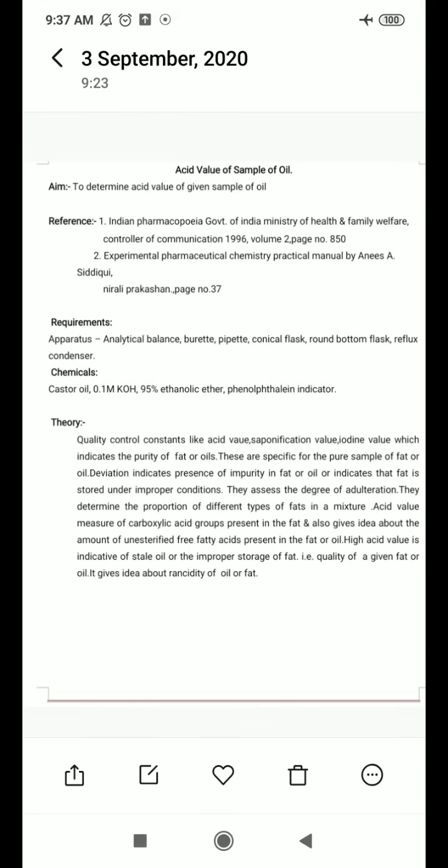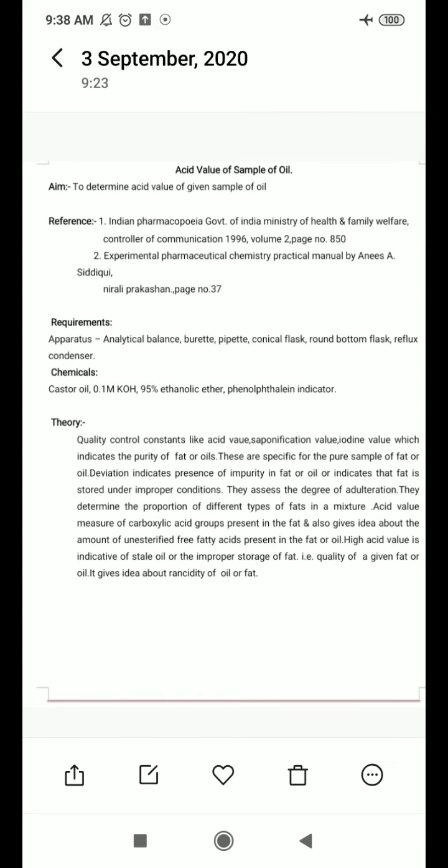So avoid this. It is very important to keep your sample in proper storage condition.